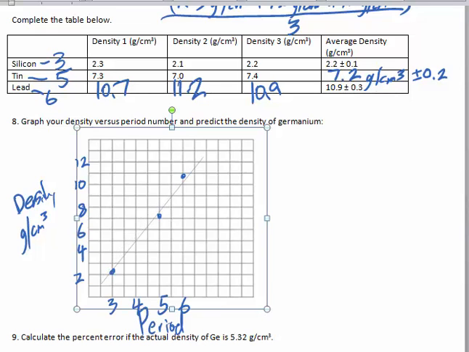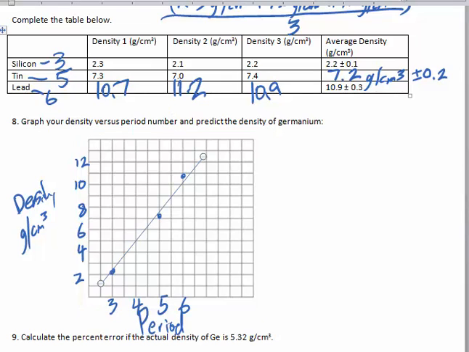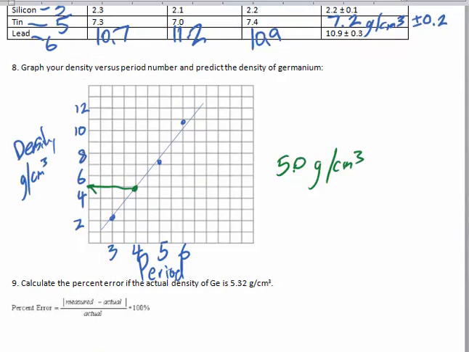And it doesn't have to be a perfect line, it just has to be a line that is the average of the points, and it looks like that. And then what you do is you figure out, okay, I want to know the density of germanium, and if you look on your periodic table, germanium is in period 4. So you follow that up to about here. It's an intersection, and you follow it across, and it looks like it's 5.0 grams per centimeter cubed.